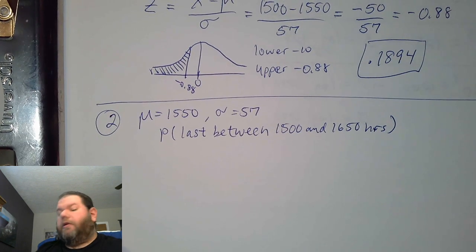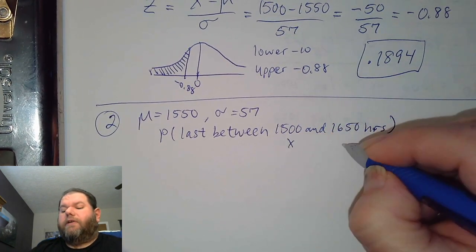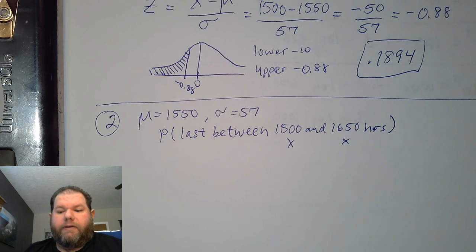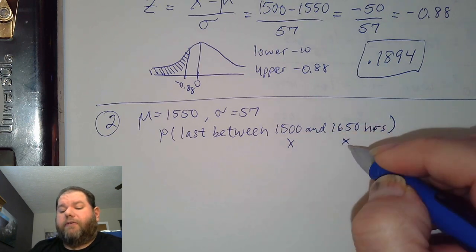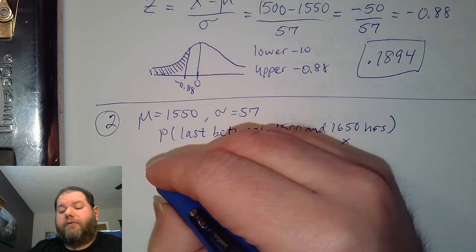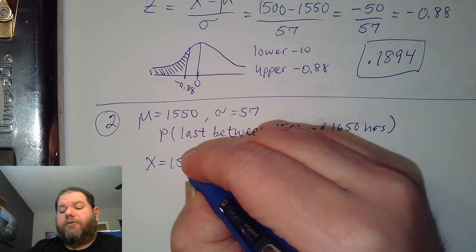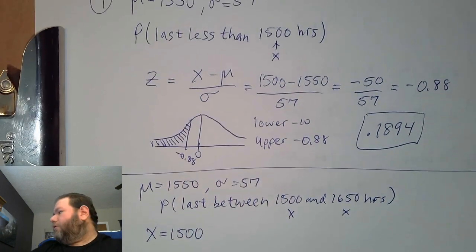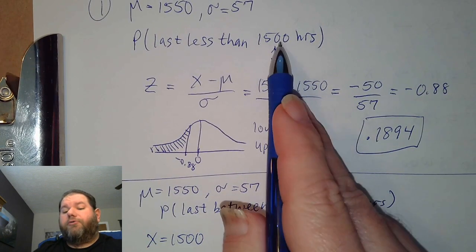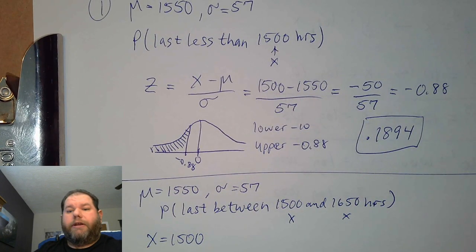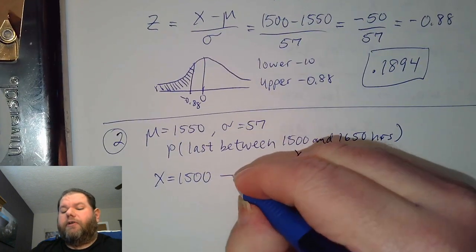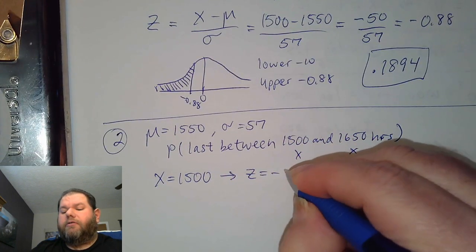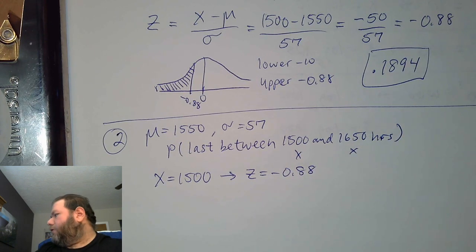Now each of these is a data value x. Whatever we're given in this probability statement, this is our x, at least in this type of problem. So for each of these x's, we'll have to calculate a different z-score. So for x equals 1,500, we already calculated the z-score for 1,500. That was negative 0.88. So we can just reuse that z-score here.